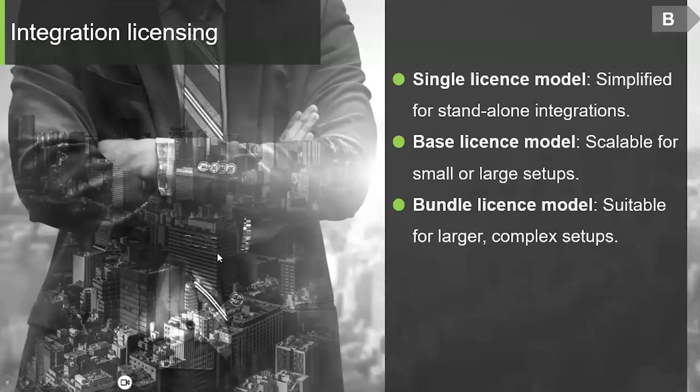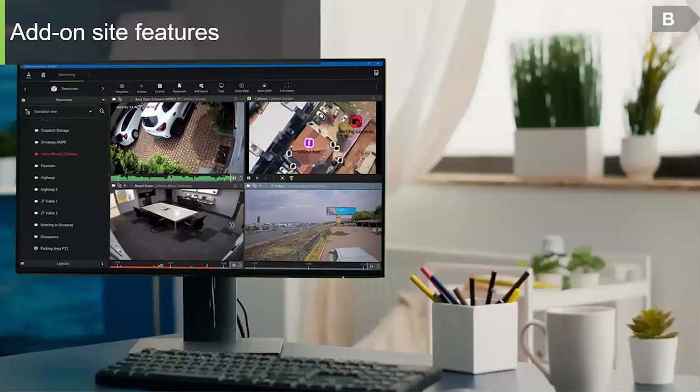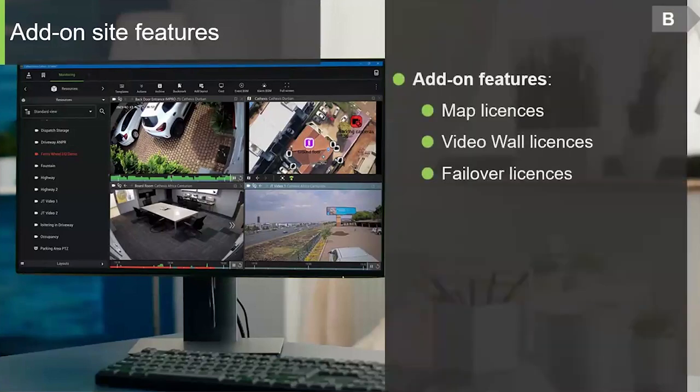After integration licensing, now let's talk about our add-on site features. These are features that we can add on specifically to a site. Starting with map licenses, there are two types of map licenses that you can set up for a site.